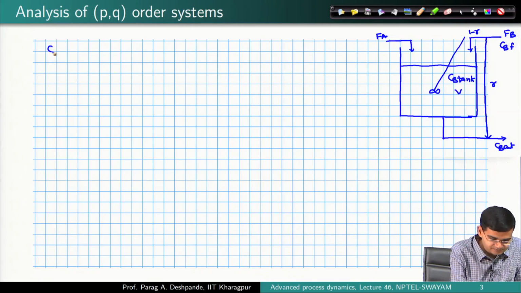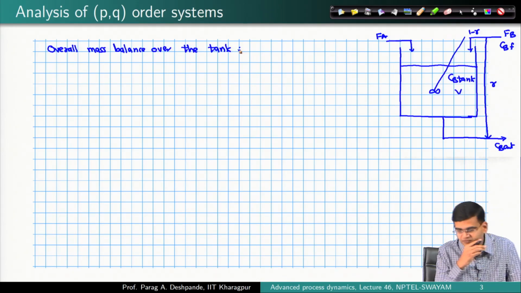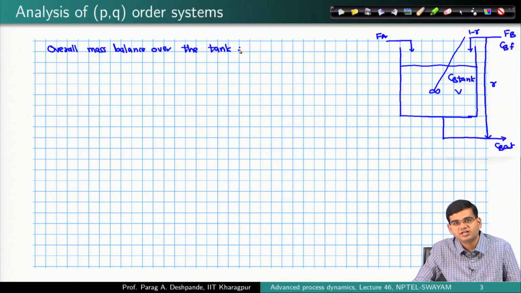So, overall mass balance over the tank. What would it give me? Densities are constant everywhere.